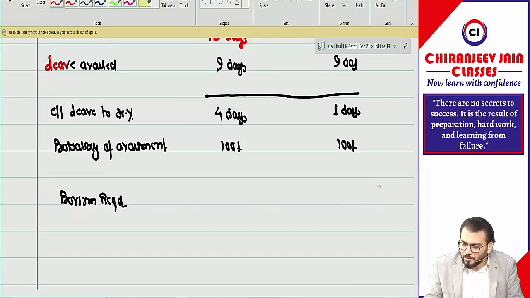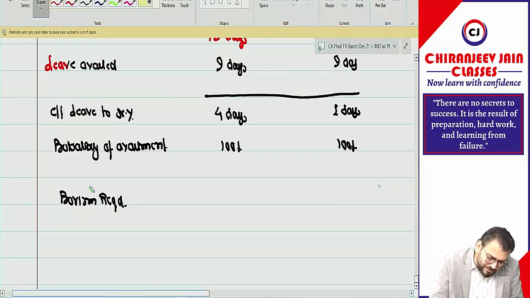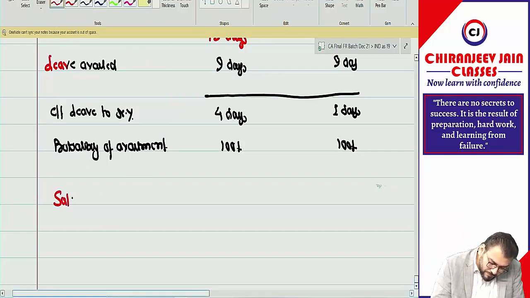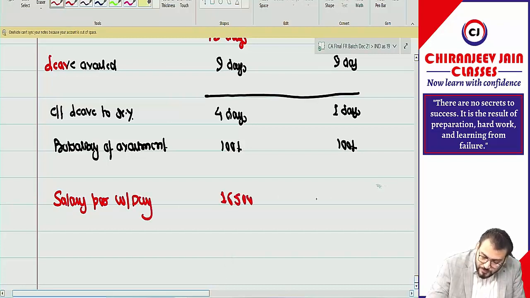That you can work out somewhere or write down also. Salary per working day is 16,500 and 16,500.